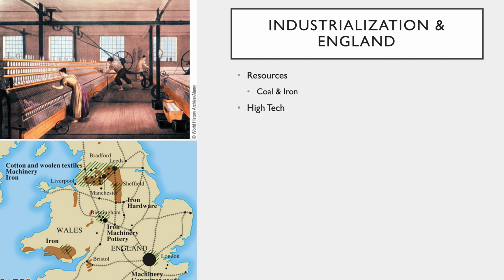So iron becomes an important resource that transforms England and the Industrial Revolution. So they're able to produce cleaner, a better source of iron to produce things that I'll talk about in a minute.